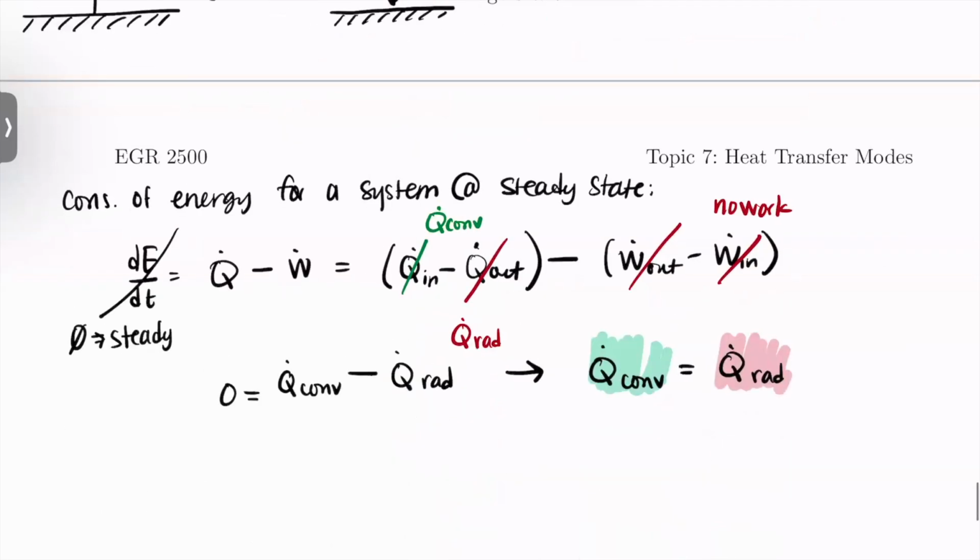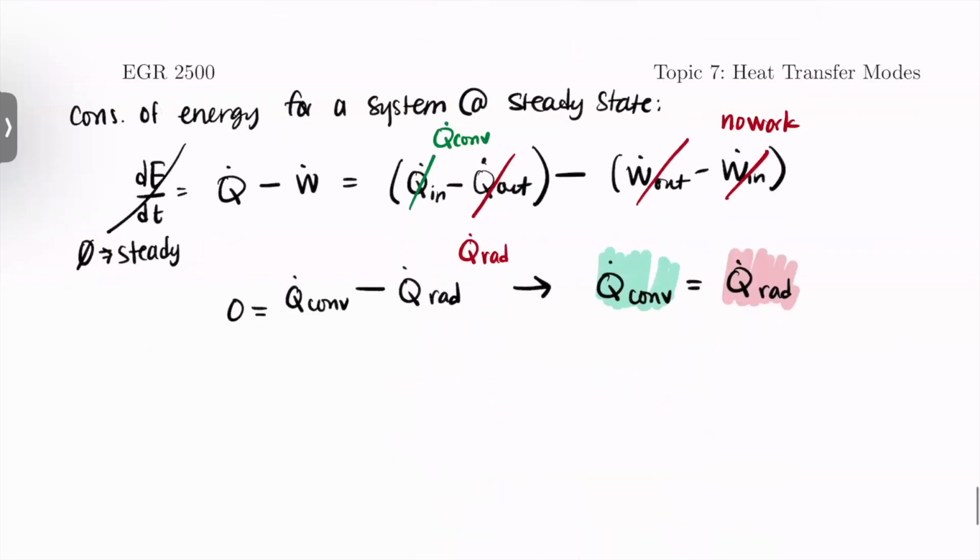So for convection, I have hA(T infinity minus Ts), and this is equal to epsilon sigma A(Ts^4 minus Tw^4). And we are trying to find the ambient air temperature, so we're trying to find T infinity, right?